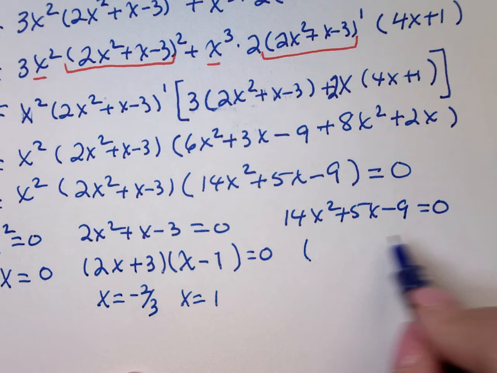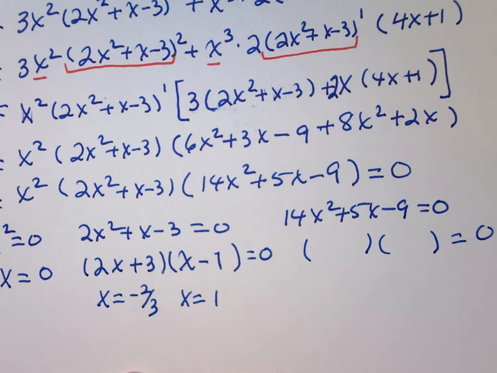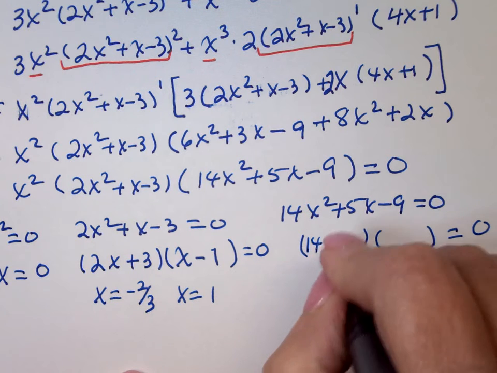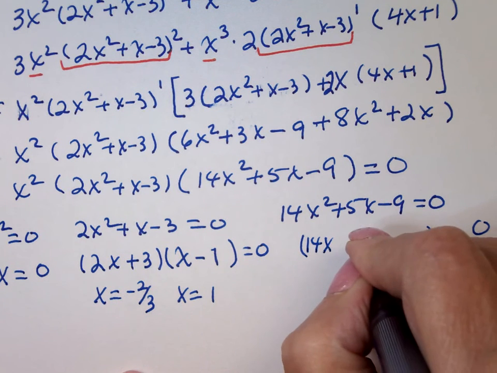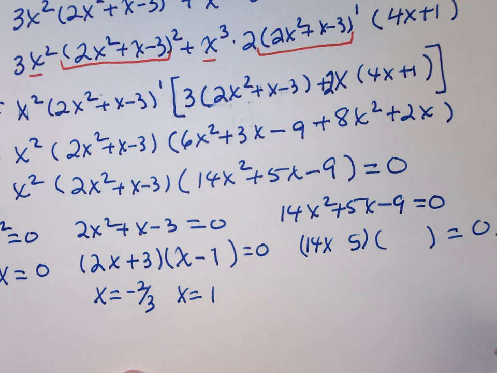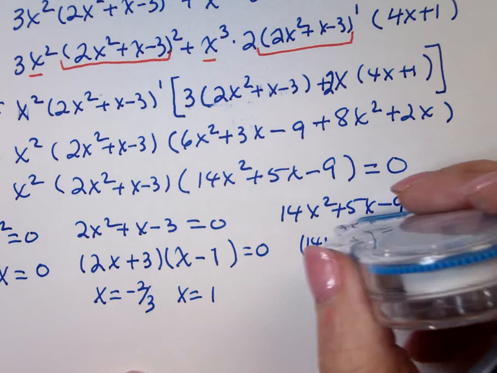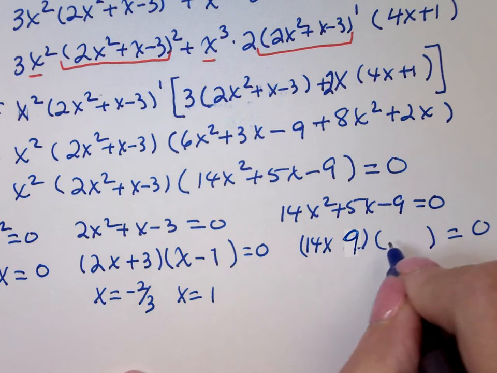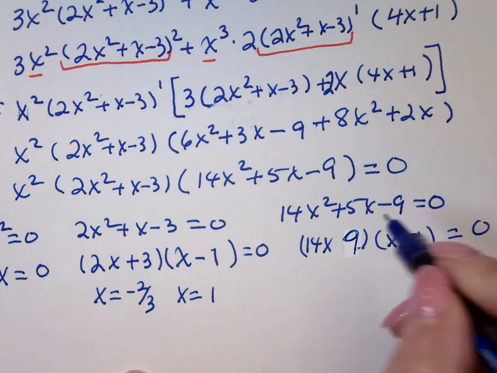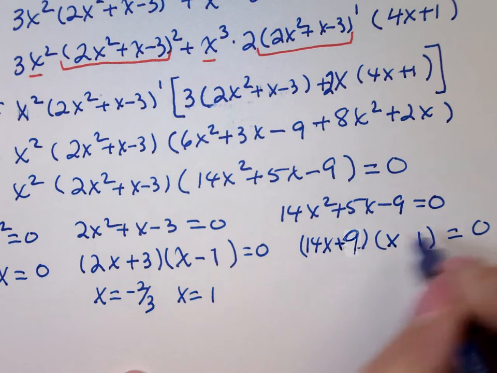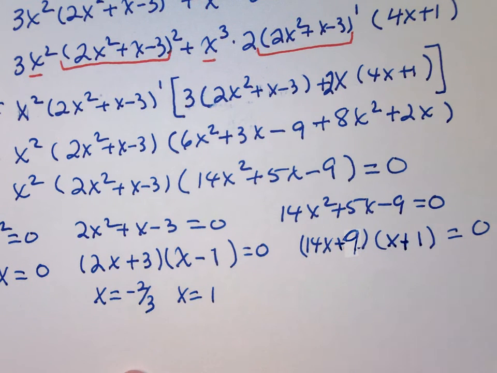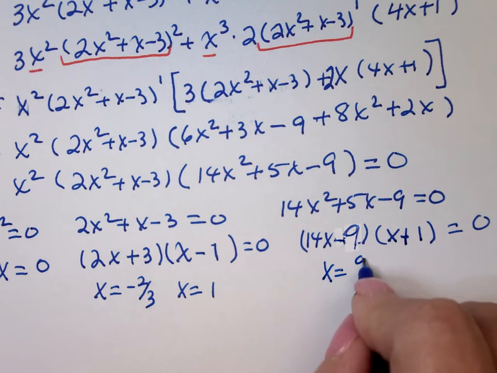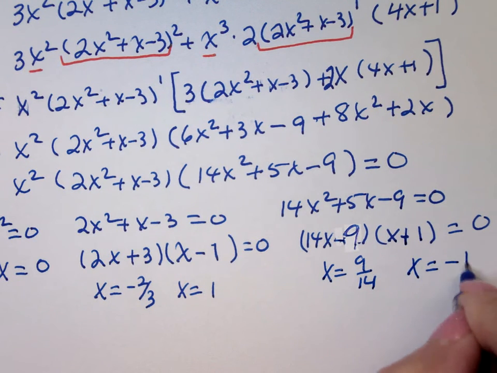Believe it or not, this factors, and if it didn't factor, I would then move on to the quadratic formula. 14x and 9, because when I subtract I get 5, and x and 1, and I need a plus 5. So this is minus, this is plus, this is minus. So x is 9/14 and x is negative 1.